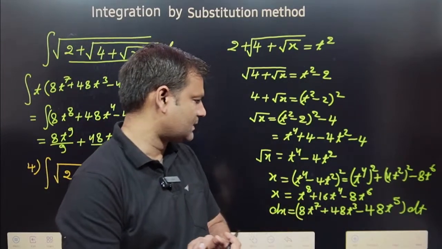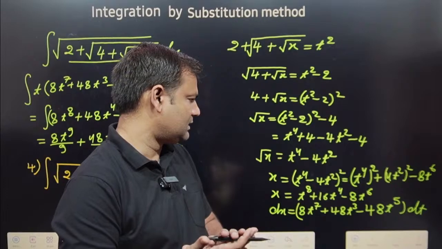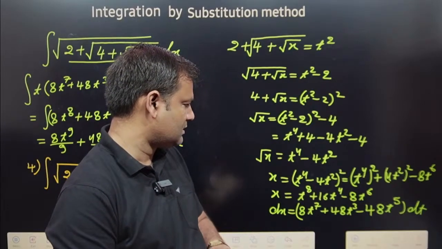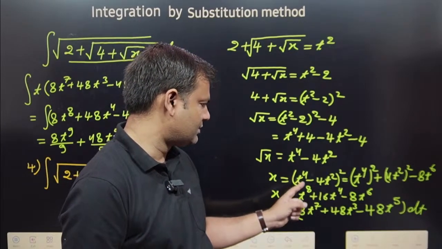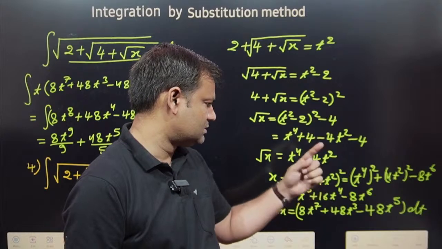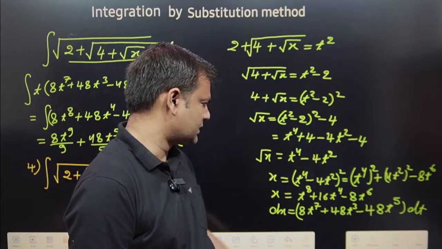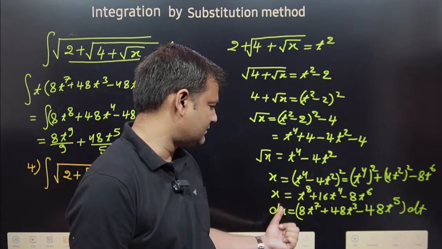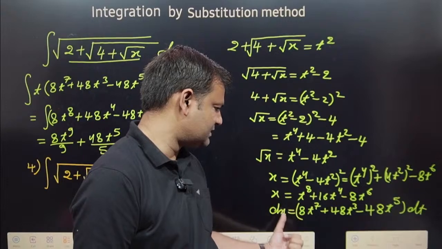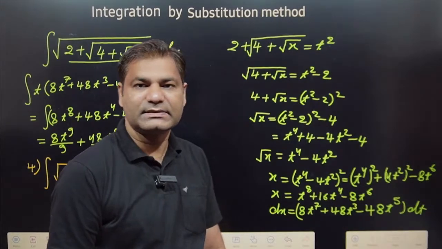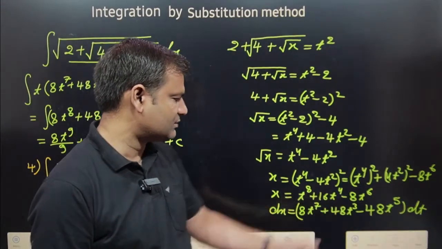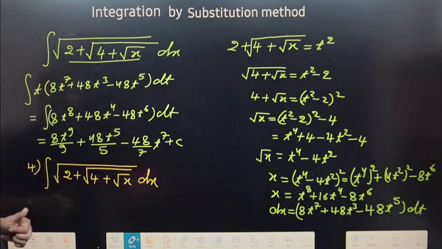Then differentiate both sides, so dx is replaced by that part and put here.